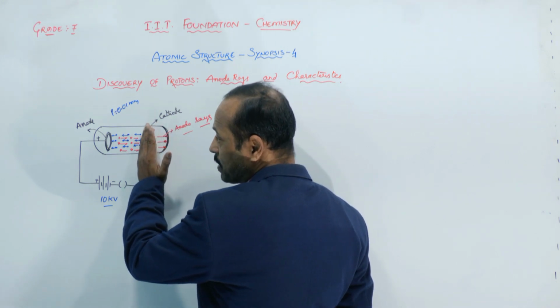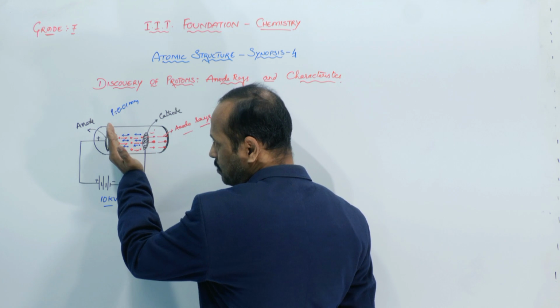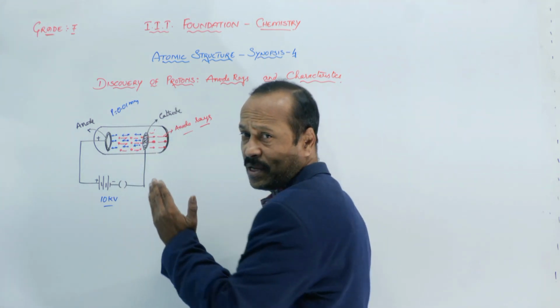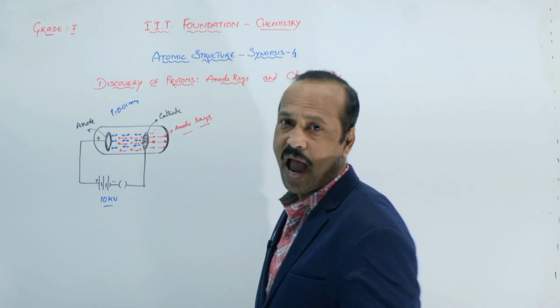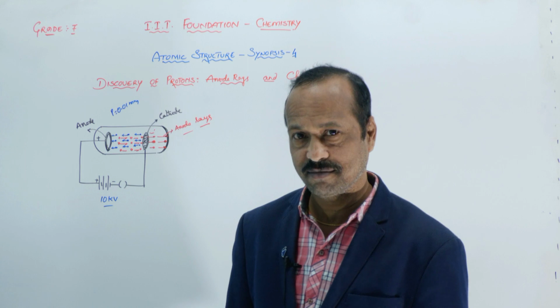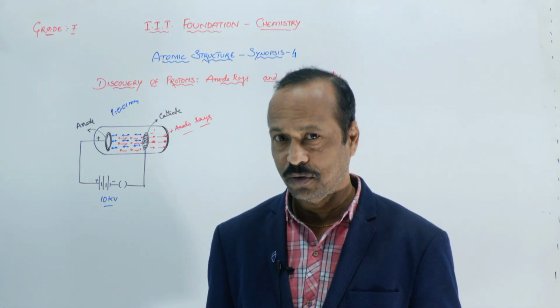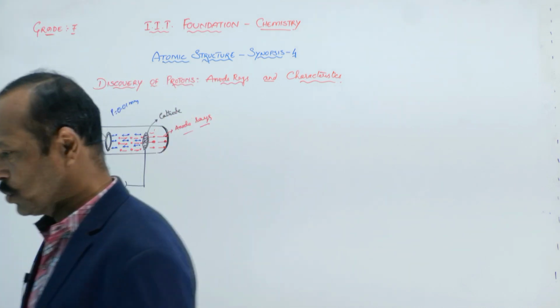These particles were named anode rays, and later they were also called protons. Clear? Any doubt till here? Understood? Right.